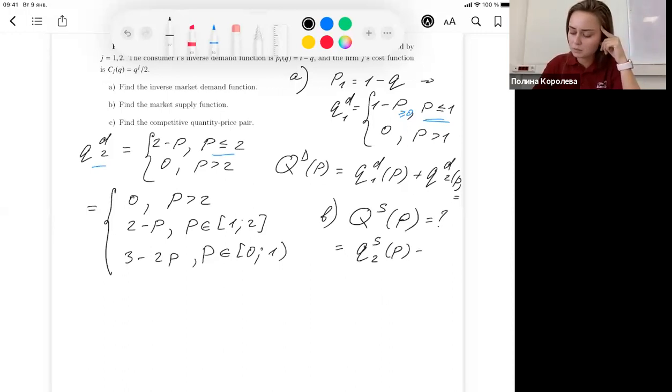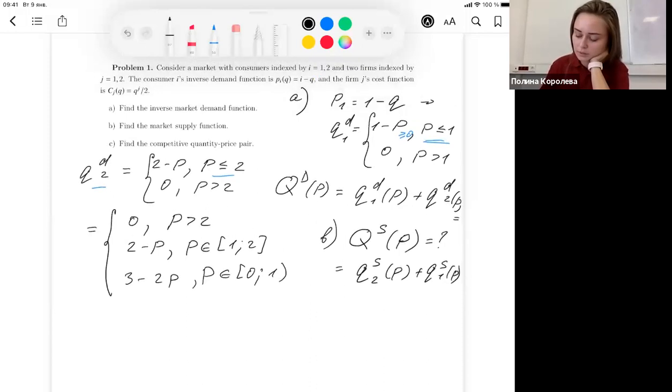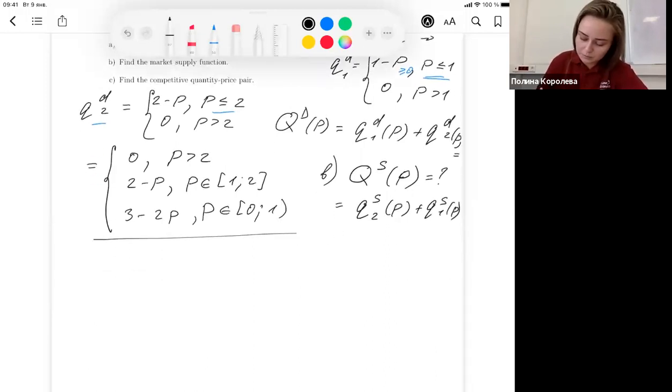Yes. What we should do? We should find the supply function for each firm. Let's start from the first firm, firm 1.